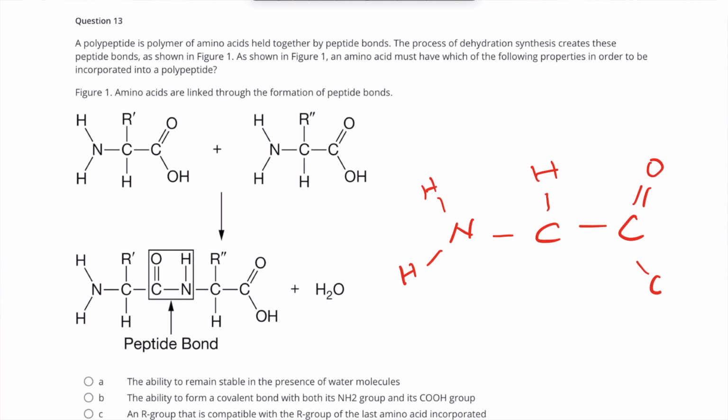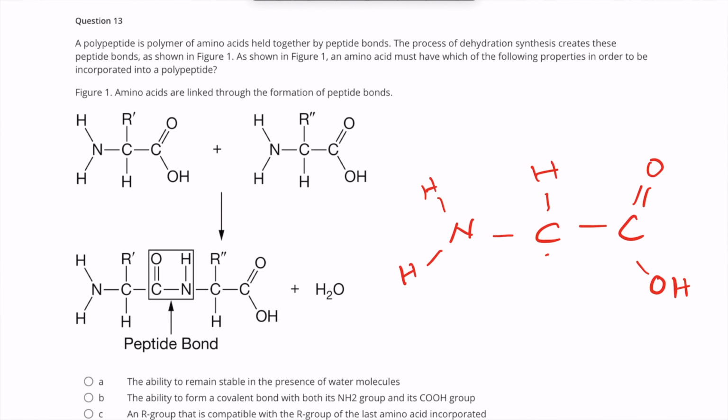So the tail end has a carbon, 2 oxygens, and a hydrogen, which is COOH, also known as the carboxyl group. So you got to remember, carbon's bonded to an amine group and a carboxyl group, and hydrogen.